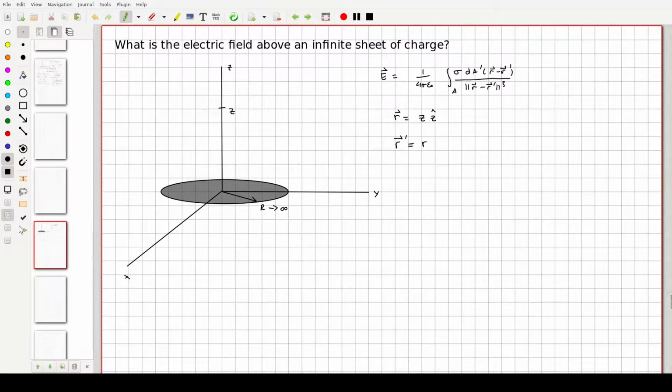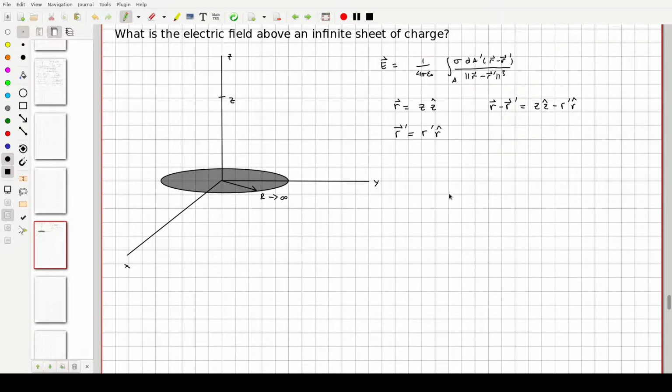It's going to be r prime r hat, except now instead of this being a constant, giving us a hoop or a ring, this is a variable. So r minus r prime is z hat minus r prime r hat.